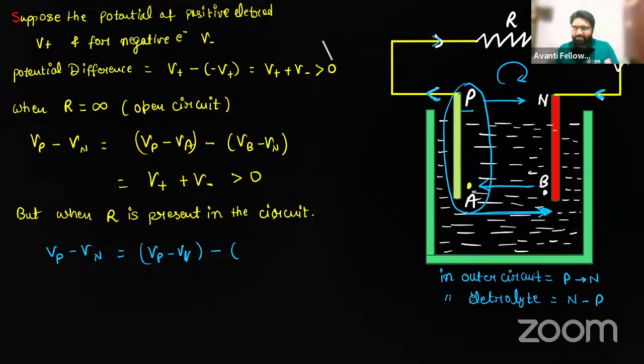So some resistance is offered by this electrolytic solution also, because there are ions present, so they have some collisions and all. So due to this collision, this electrolytic solution also provides a resistance to the current. So that is why we would like to write VA minus VB.